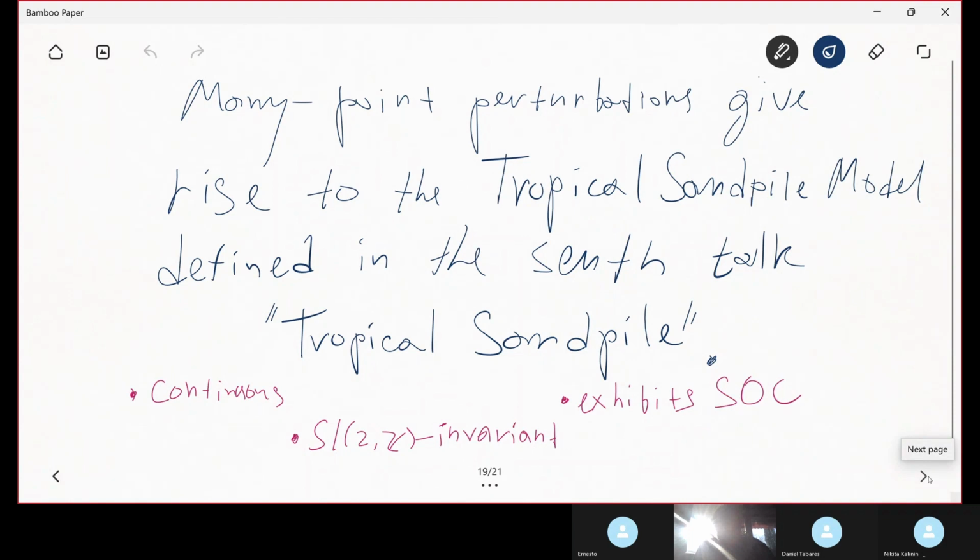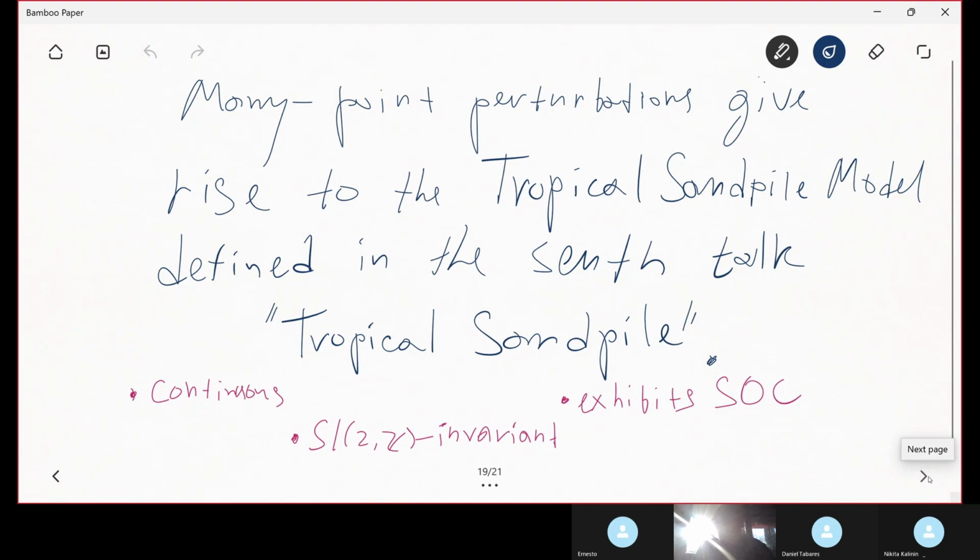So many point perturbations. When we add grains in many points, they give rise to the tropical sandpile model. And this is the subject of the seventh talk. And the first moment we realized this is a separate model that can be introduced independently of sandpiles, I think this was a contribution by Ernesto de Perseu, who proposed that we study this tropical sandpile numerically.